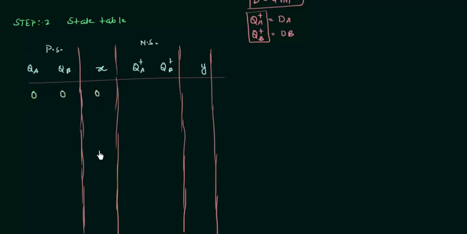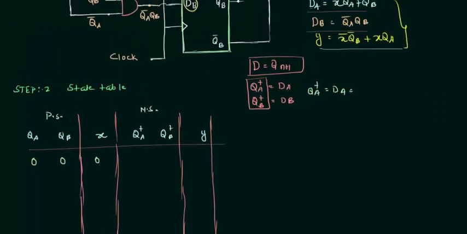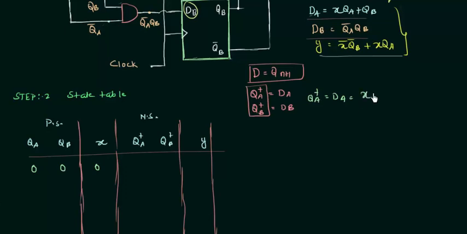When QA, QB is 0 and the input is 0, what will be the next state and output? QA plus is equal to DA, and DA is X QA, X QA or QB. So QA is 0 and X is 0, so I will write 0 and 0. QB is also 0, so overall I'm going to get 0.